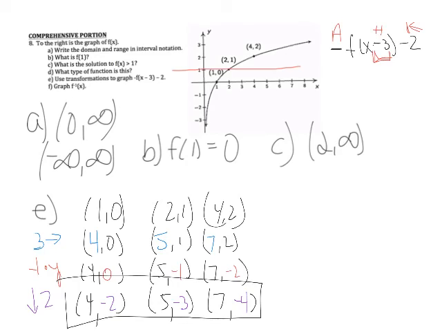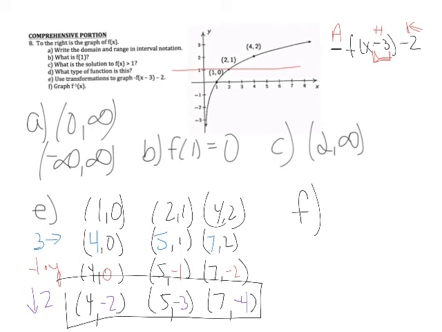And then the last thing you have to do on this is actually, (4, -2), I'm just double checking, (4, -2), (5, -3), (7, -4). The last thing that you're going to do on this is do the inverse. And guys, it's really, really very easy, especially when you already have 3 points.